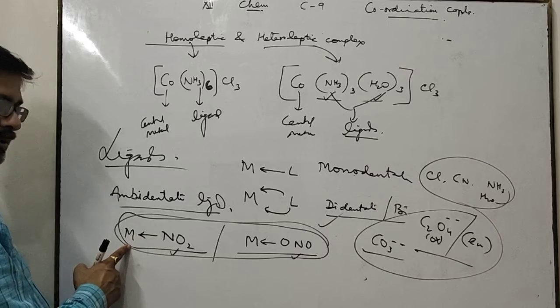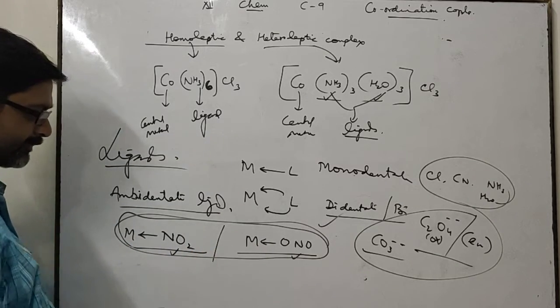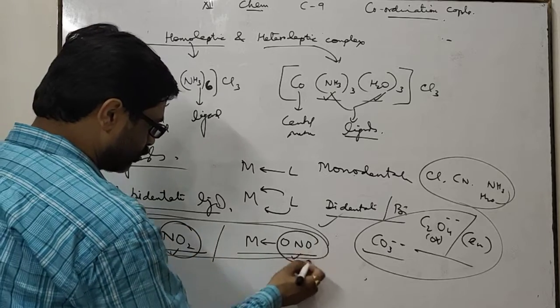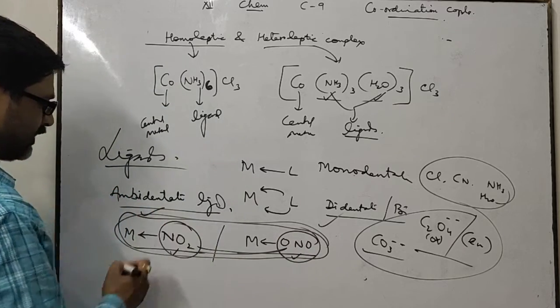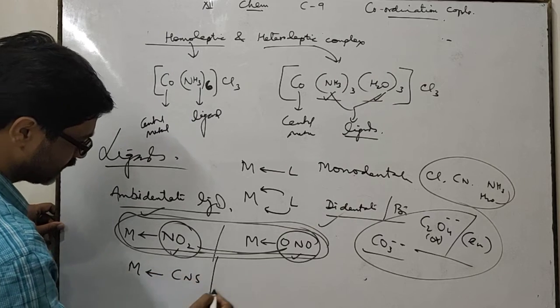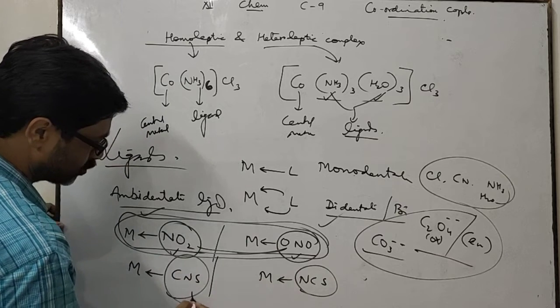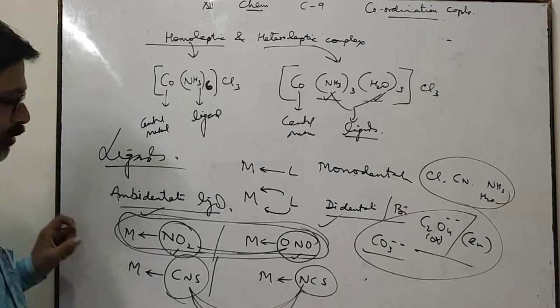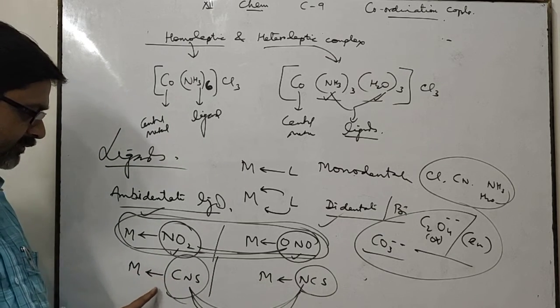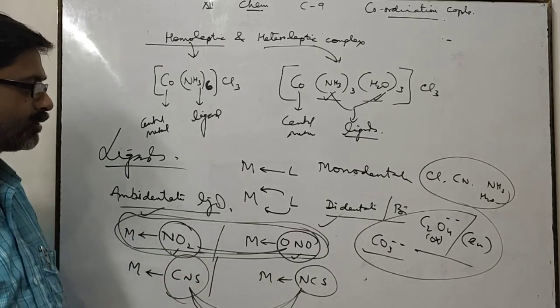But here N forms a bond with the central metal and here oxygen forms a bond with the central metal. Means NO2 and ONO are ambidentate ligands. One more example like SCN and NCS. These are also ambidentate ligands because S can form a bond with the central metal and here N can also form a bond with the central metal. Okay.